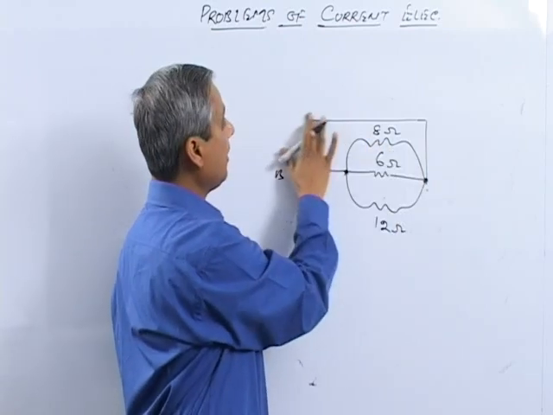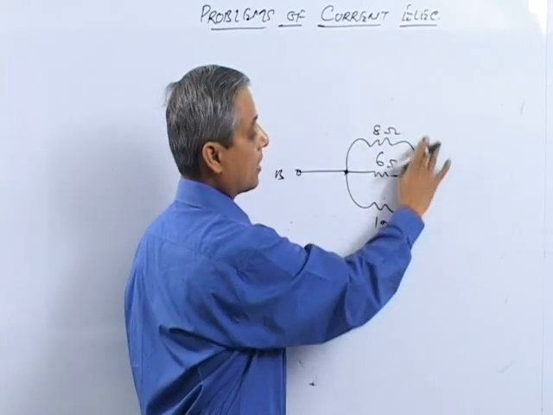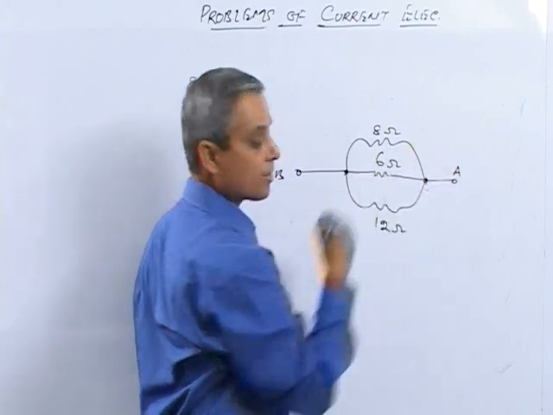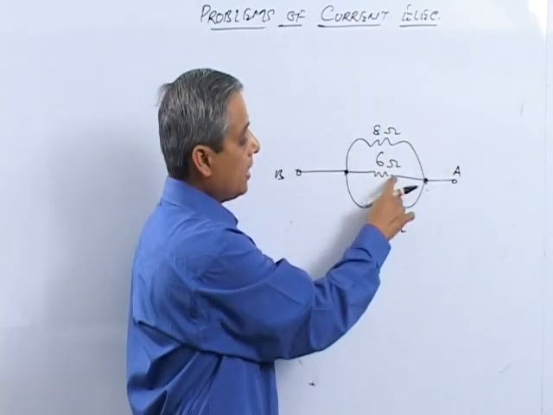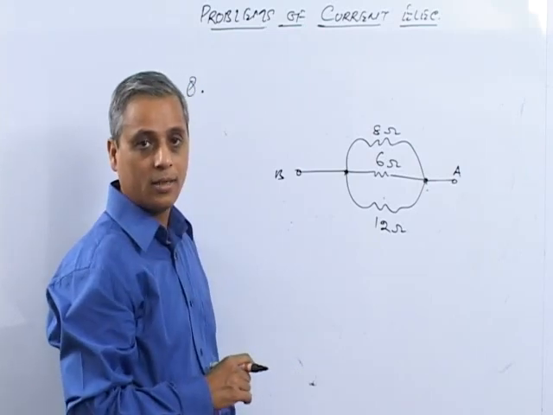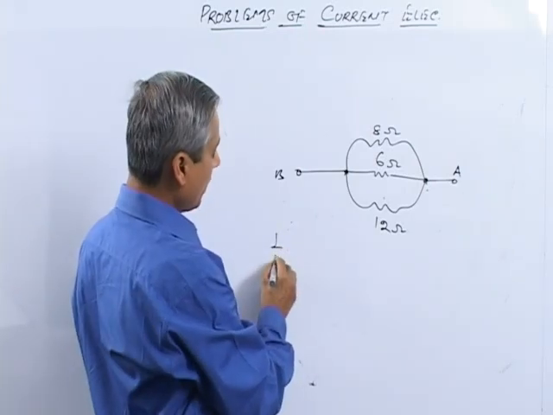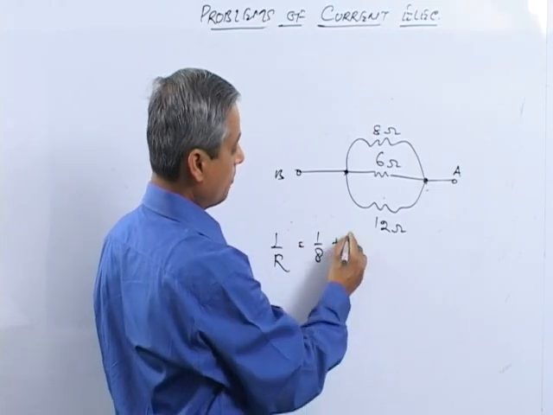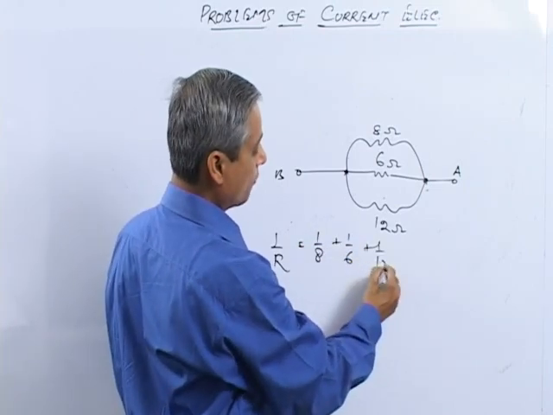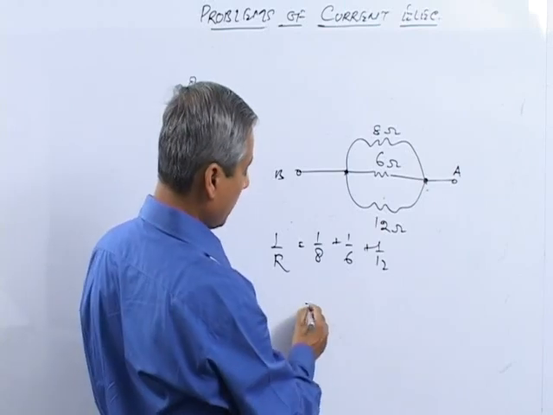So connect A directly here instead of with this big conductor. That will become this. And now it is very clear that these 3 resistances are in parallel, and therefore 1 upon R is 1 upon 8 plus 1 upon 6 plus 1 upon 12. They are in parallel.